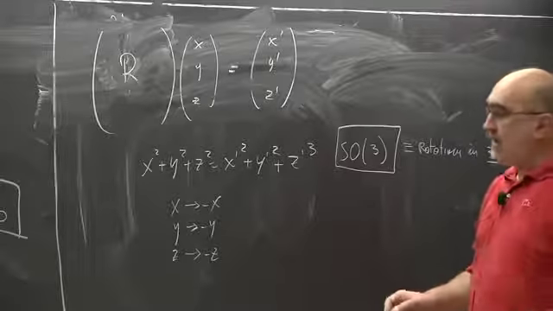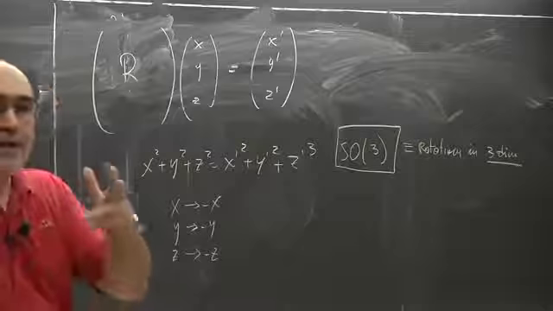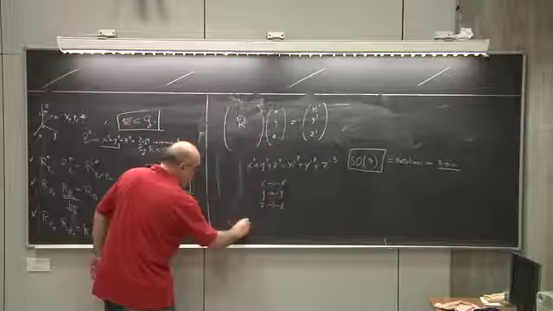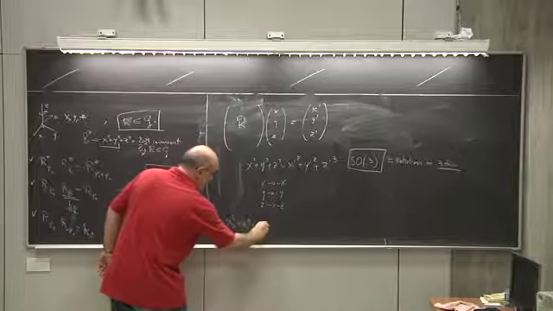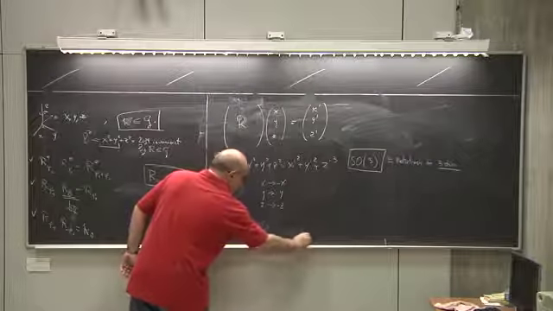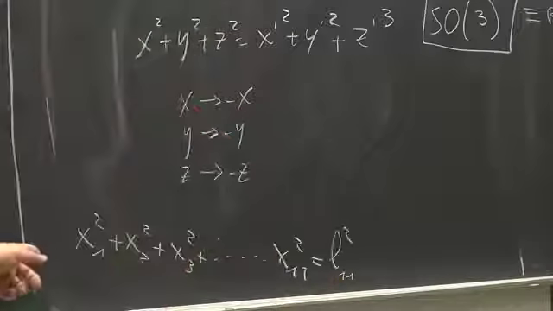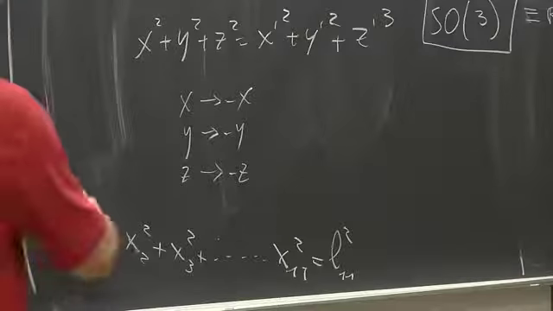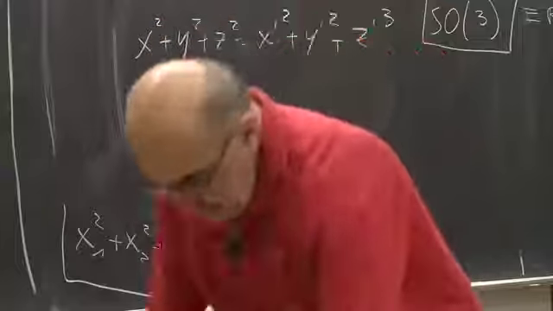The only feature it has: what is a rotation in 11 dimensions? It is a transformation that keeps invariant this length in 11 dimensions. So a rotation in n dimensions is a transformation that keeps invariant this length.